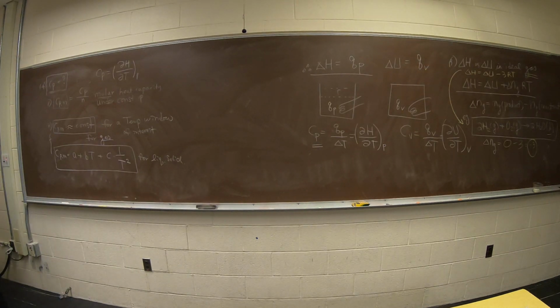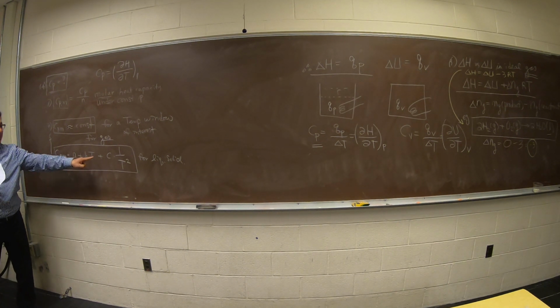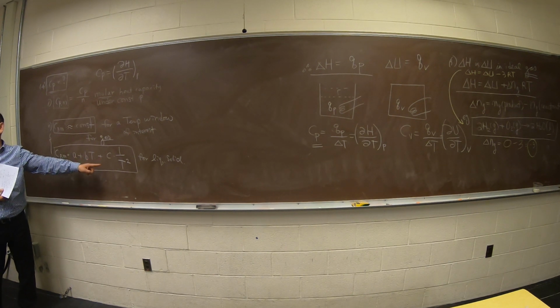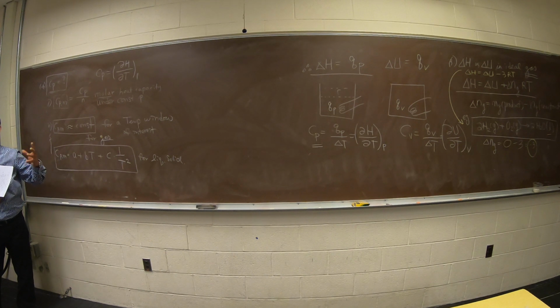Because it does have a pretty complicated dependence, and they choose to provide it this way so that they can capture all kinds of temperature dependence by tuning these A, B, C values. There's no science here. They just provide a temperature dependence.